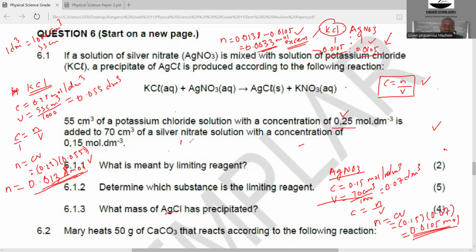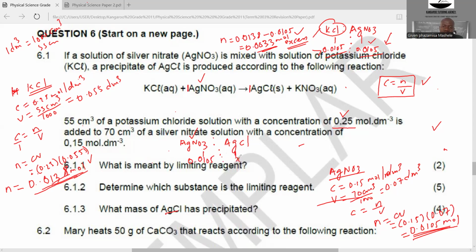We want to answer this question. So we're going to say, okay, fine. Silver nitrate is the limiting reagent. Now we are comparing it with silver chloride. So what is the mole ratio? 1 mole of silver nitrate will produce 1 mole of silver chloride because our reaction is balanced. So we're going to have 1:1. So what does this mean? It means if silver nitrate uses 0.0105 mole, this will still have the same.